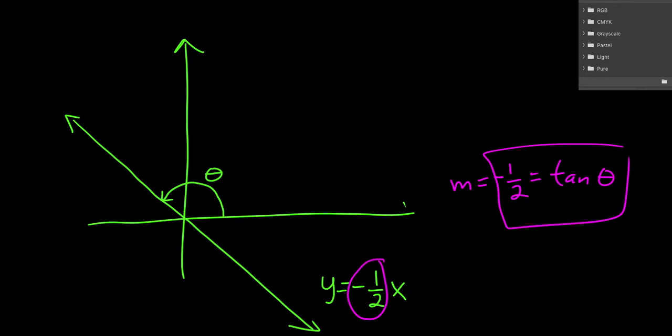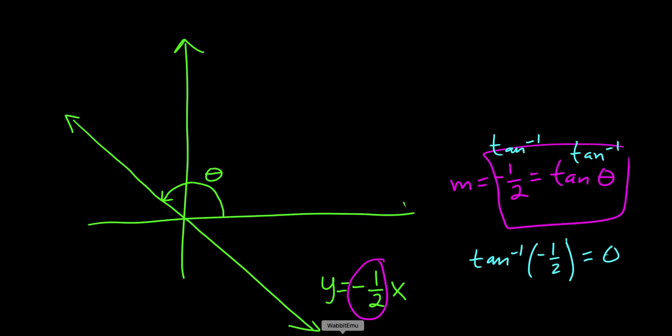What we're going to do is what we did on the previous video: do inverse tangent of both sides. So we have tangent inverse of negative 1/2 is equal to theta. I'll just go through it. We'll plug that into a calculator.